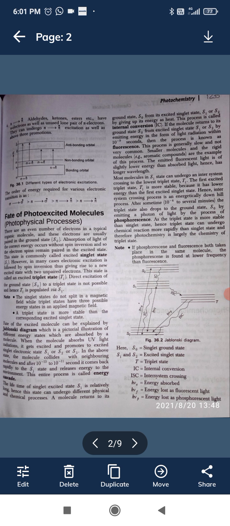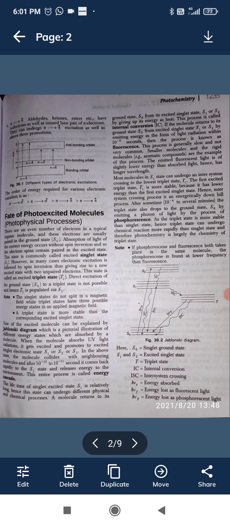So it moves from S0 to S2. From S2, the electron comes to S1. It cannot come directly to S0. If it goes to S2, it has to come to S1. During this process, that is internal conversion, it may lose energy in the form of heat. The arrow mark is given from S2 to S1.